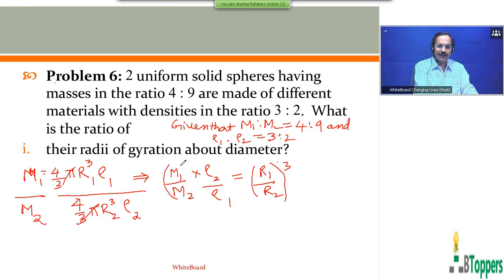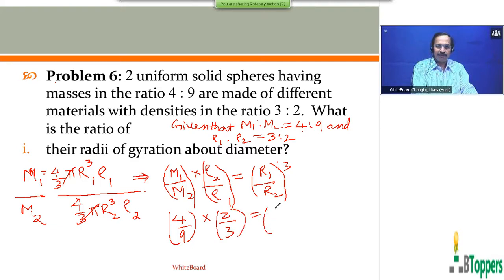So you can substitute on the left hand side, m1 by m2 equal to 4/9, into rho2 by rho1, that means density of the second sphere divided by density of the material of the first sphere, you can write 2/3. That can be equated to r1 by r2 whole cube.